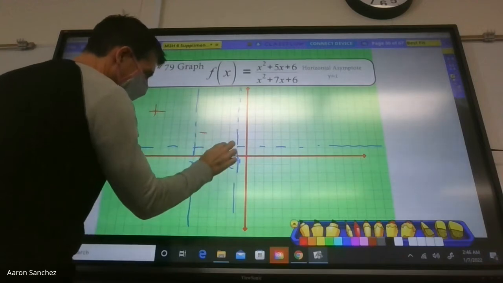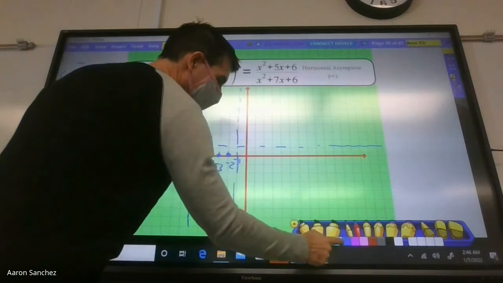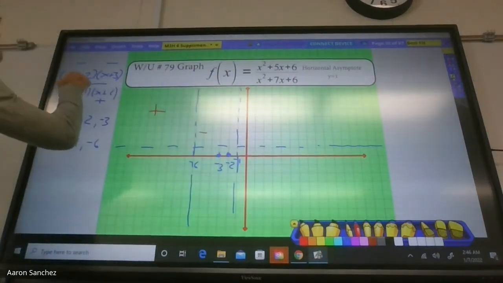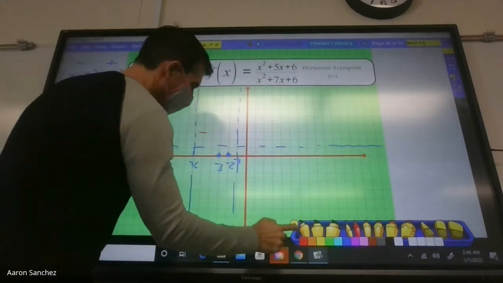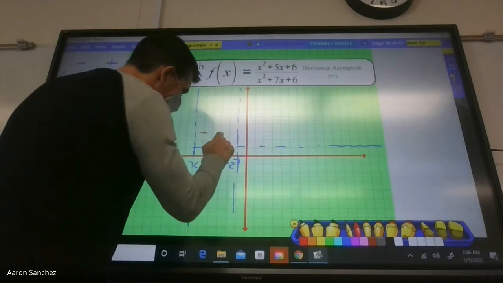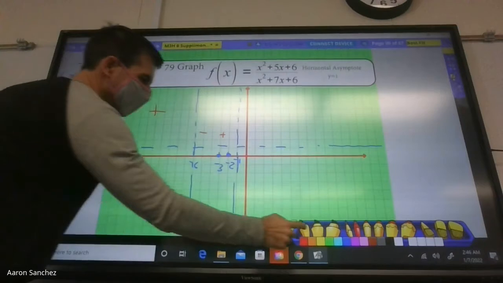Now, in between -3 and -2, try -2.5. One of them's going to switch. Negative, positive, negative, positive. 2 negatives make a positive. And then between -2 and -1, try -1.5.